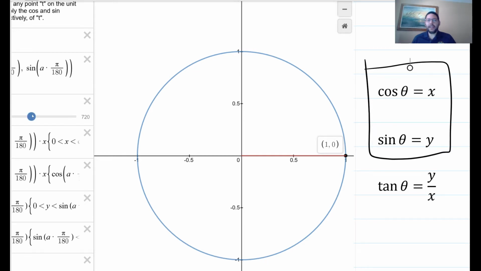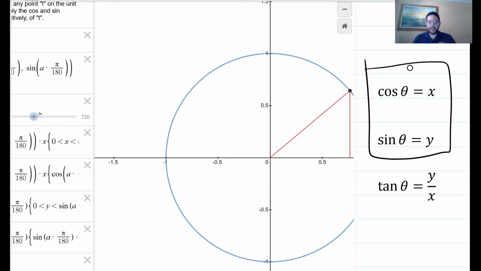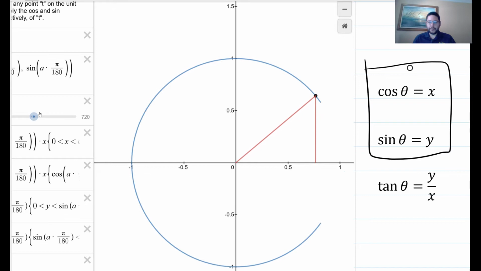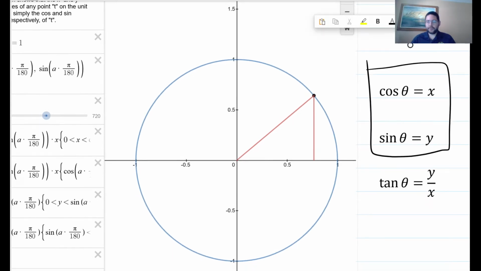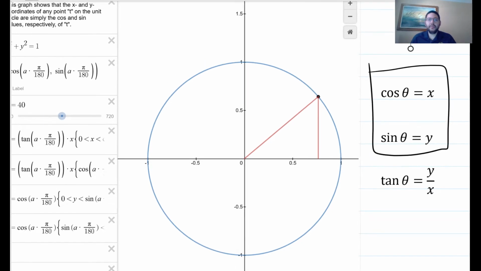Now I'm going to change this to another angle here. Right now we're at a 40-degree angle, so let's change this to 60 degrees.